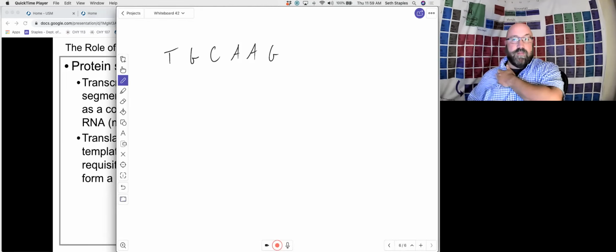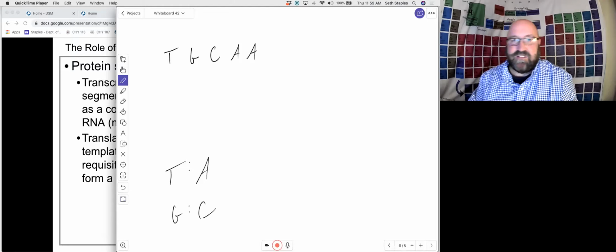So that's one of the structures of DNA. The complementary strand means that when that messenger RNA is formed, it's going to be the complementary base. So remember that thymine and adenine are paired up, and that guanine and cytosine are paired up.